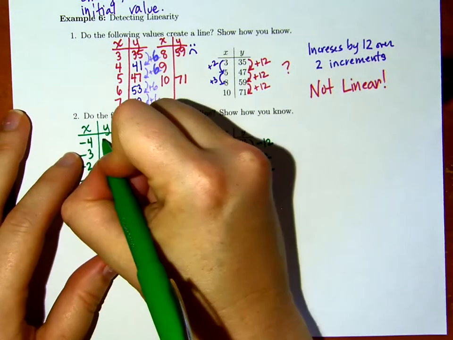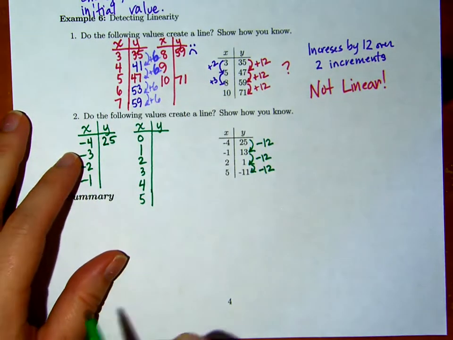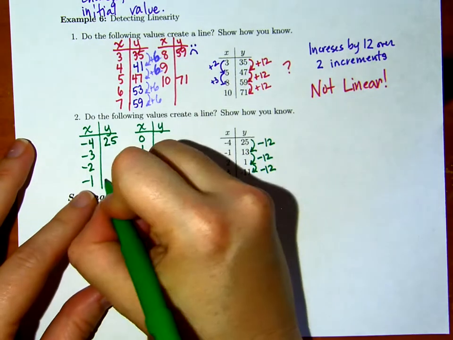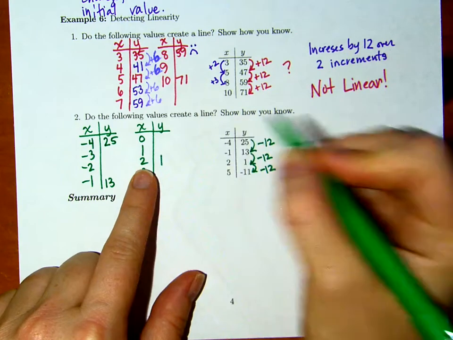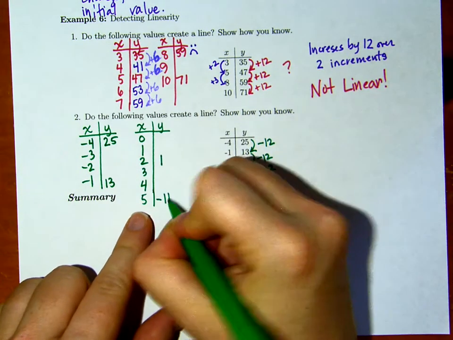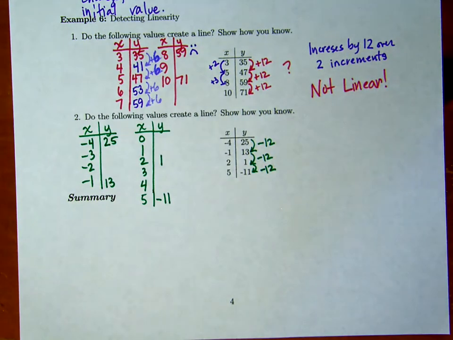Negative 4 corresponds to 25, negative 1 corresponds to 13, 2 corresponds to 1, and 5 corresponds to negative 11. And now our job is to fill in these gaps.